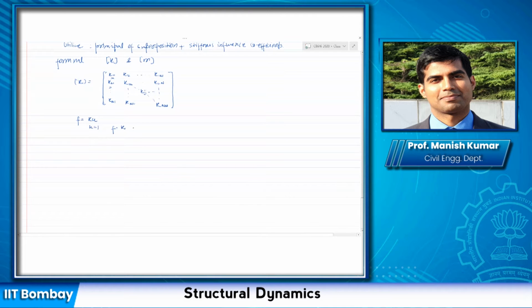So basically, for unit displacement, the stiffness is the force in the system. Now this is for a single degree of freedom system because I only have one coordinate u here.